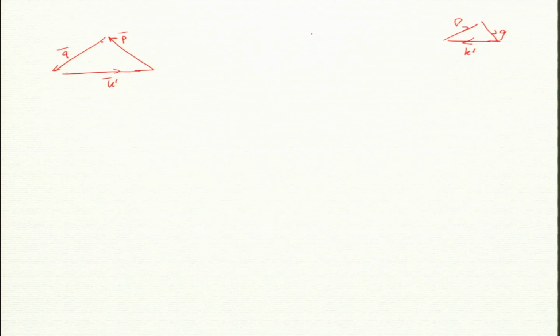Now, the angle in front of k prime is alpha, in front of p is beta, in front of q is gamma. So, alpha, beta, gamma.